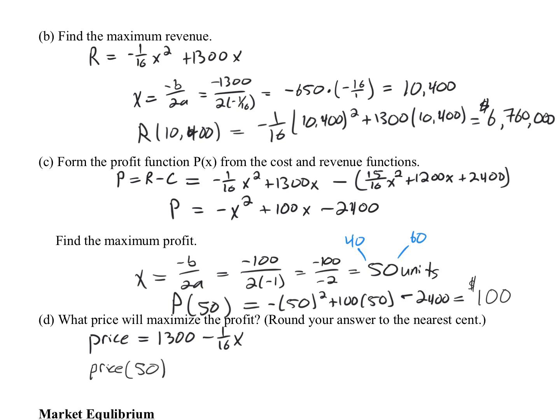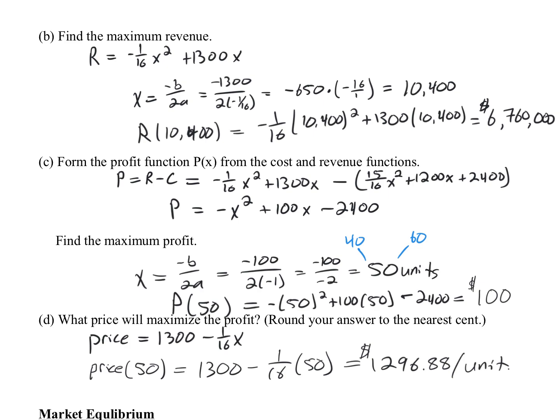So the price of producing 50 units would be 1,300 minus 1/16 times 50. We'll go ahead and put that in a calculator, and I get 1,296.875. I'm going to round that up to 88. And this would be dollars per unit.